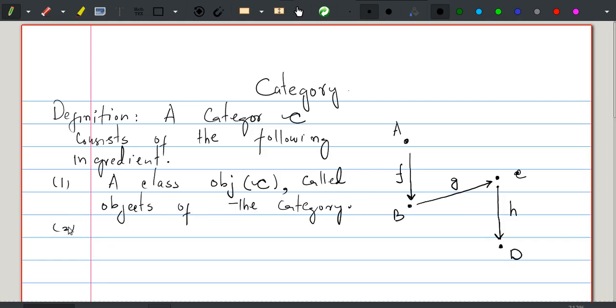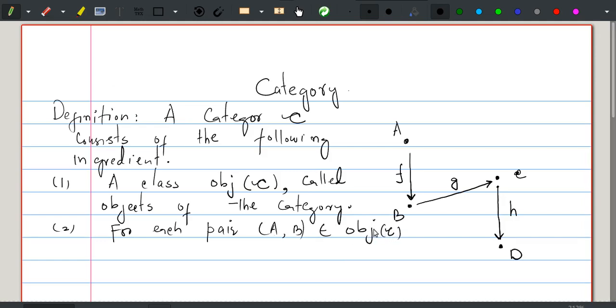And for each pair, say A, B, in this class obj of C, we have a set.